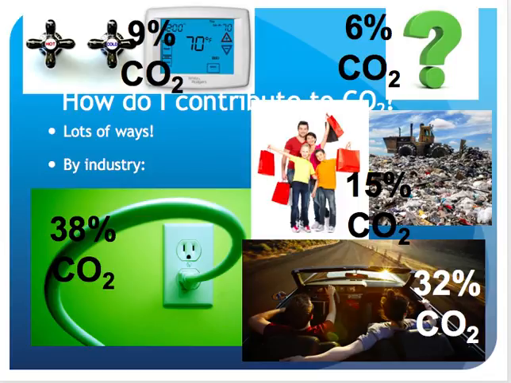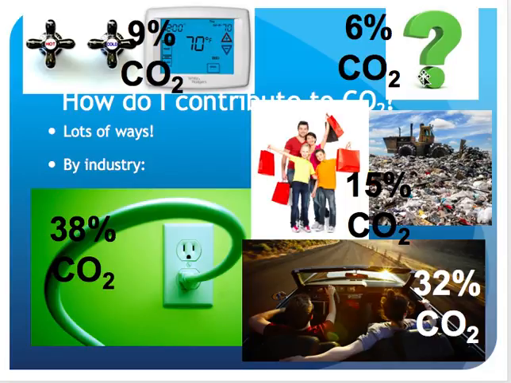That is the new t-shirt, the new cell phone that you upgraded to. All of the manufacture industry, the stuff that we buy, that's 15% of the carbon dioxide that we contribute to our environment. 9% comes from residential, whether that is heating your home or your hot water heater, cooking, stuff like that. And then the last 6% is from other miscellaneous sources.